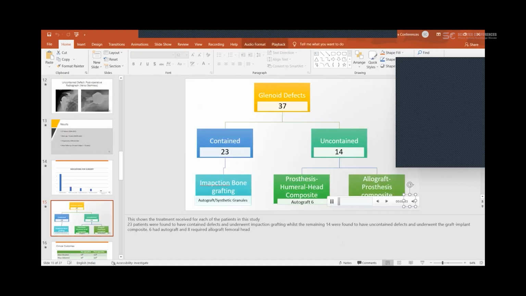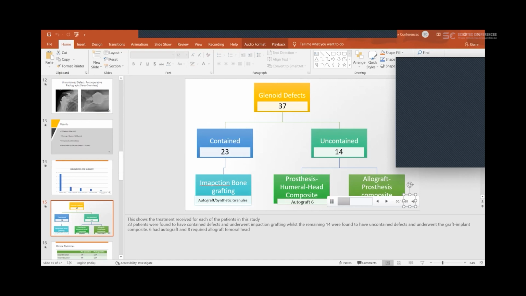So of our 37 patients found to have a glenoid defect, 23 of them had a contained defect as per the Paget classification, and 14 were found to have an uncontained defect.